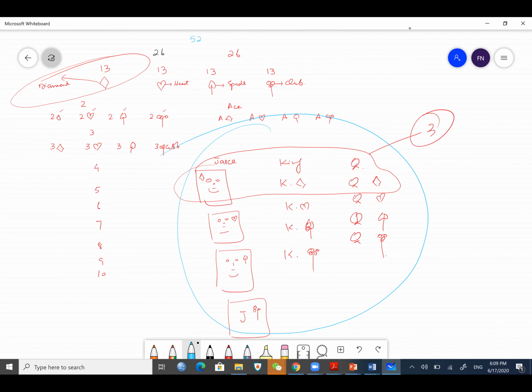Out of these 12, we have king of diamond, queen of diamond, and jack of diamond. They are not mutually exclusive, since they satisfy both properties. We are selecting a card with diamond and a card with face. So that is why 3 is common between these two events. I hope it is clear now.